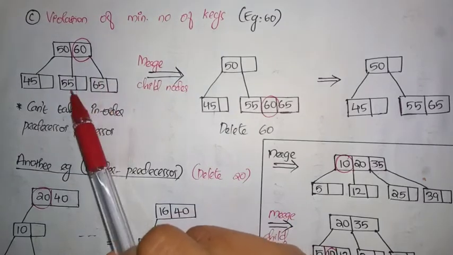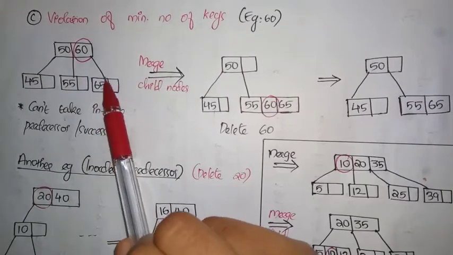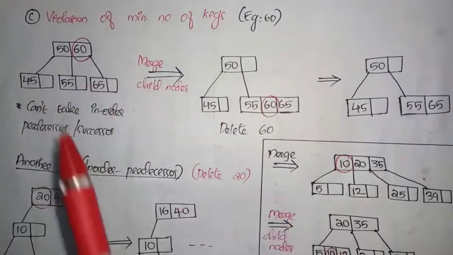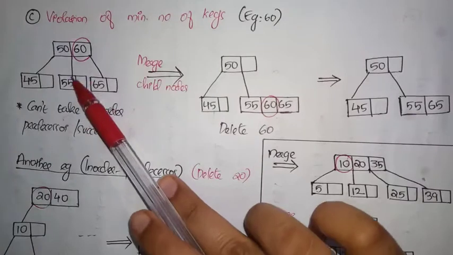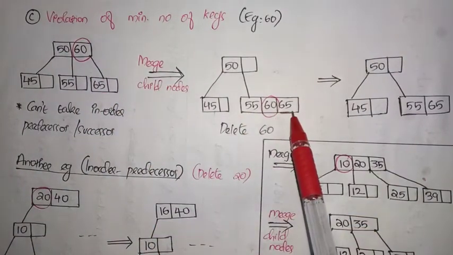So if I have to merge this 55 and 65, I can merge these two nodes only through the parent node 60. So here what I did is that I just merged these three nodes. Okay, 55, 60 and 65 are merged together.